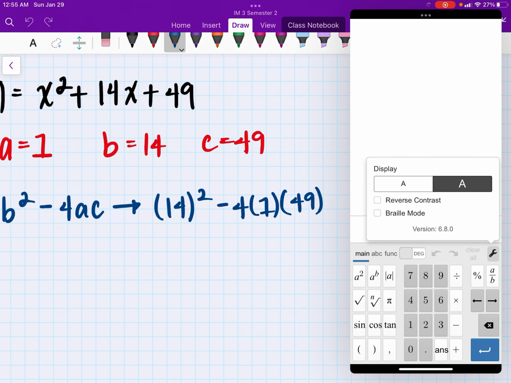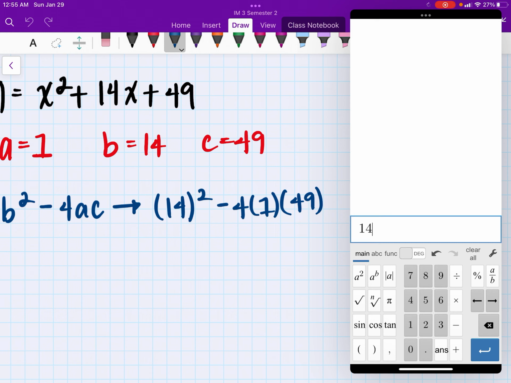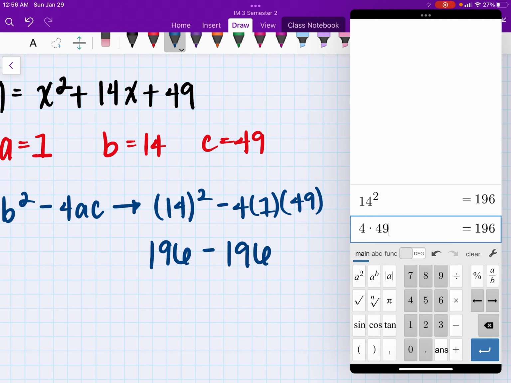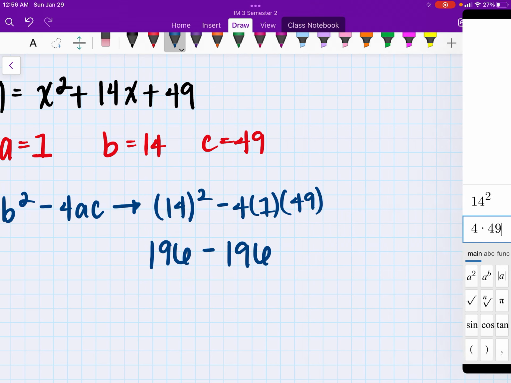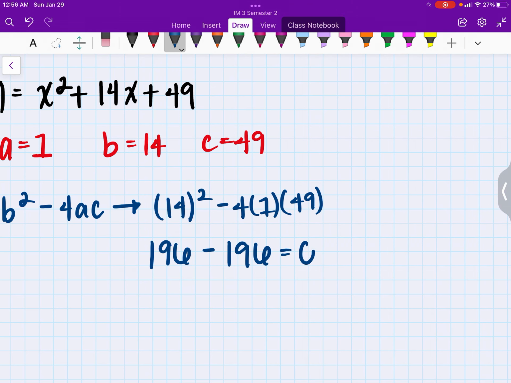So let's go ahead and do 14 squared is going to give us 196, minus 4 times 49 is also going to give us 196. So if I do 196 minus 196, this actually gives us a solution of 0. So the value of the discriminant in this case is 0.